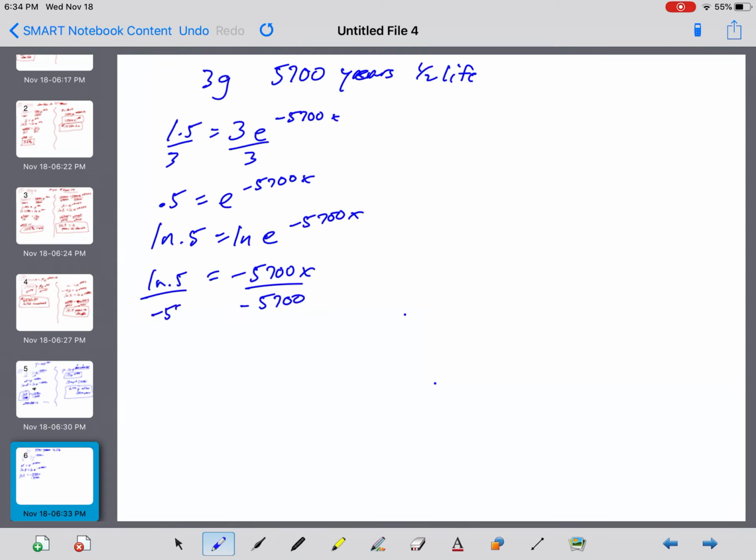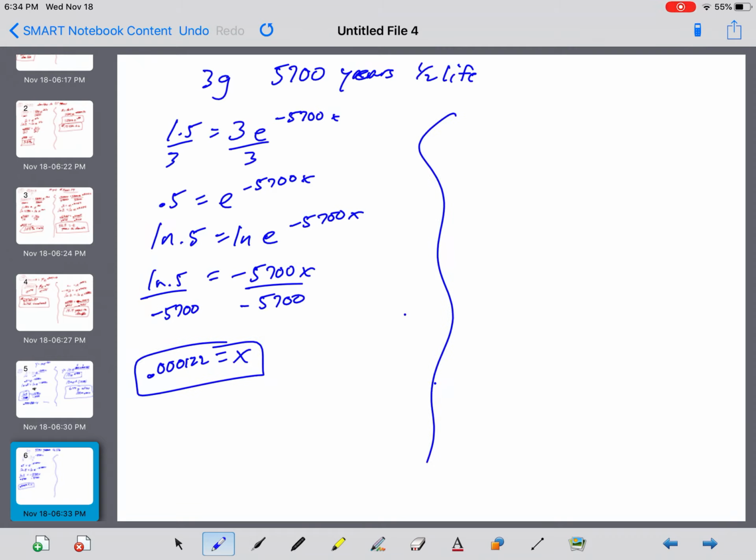Divide by negative 5,700. Going to get a really tiny decimal again. X is equal to, works out to be, 1.22 times 10 to the negative 4, which is 0.000122. All right. Now we're going to go over here and figure out how much is in there after 1,000 years. So 3 times e to the negative 1,000 times 0.000122.